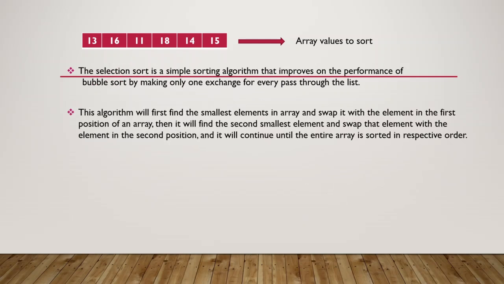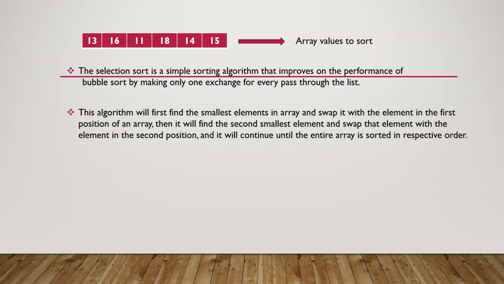Here is how it works. In this algorithm, we'll be finding the very least element in the array, and we'll swap it with the first element in the index position. So we'll be selecting the first smallest element and swap it with the first element in the first index of the array.